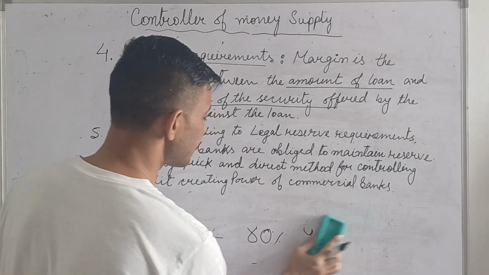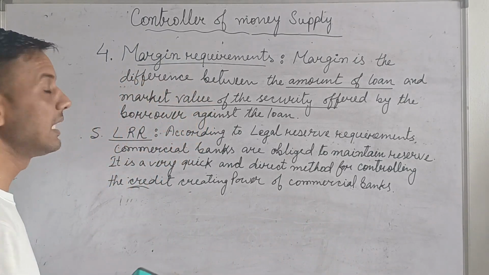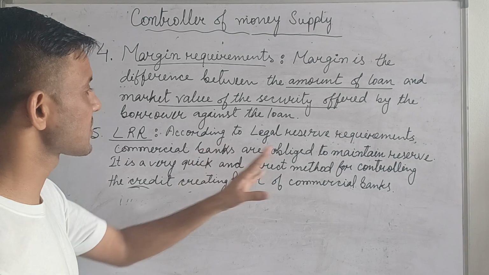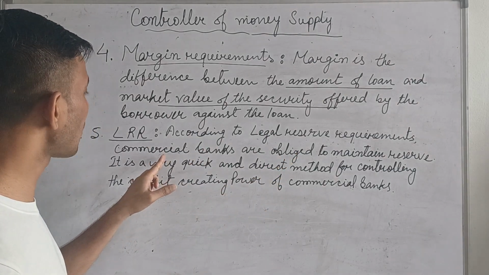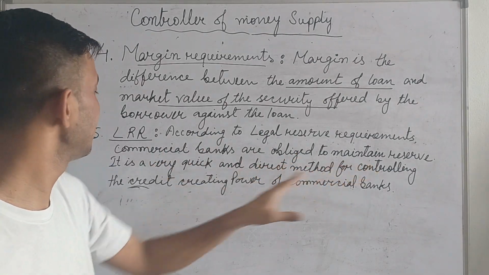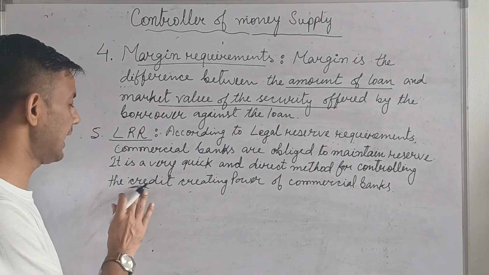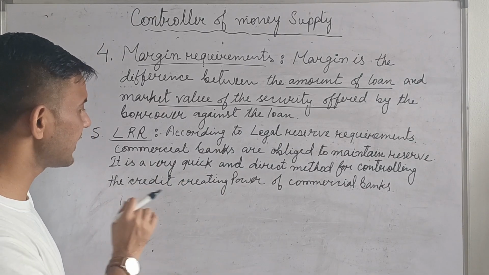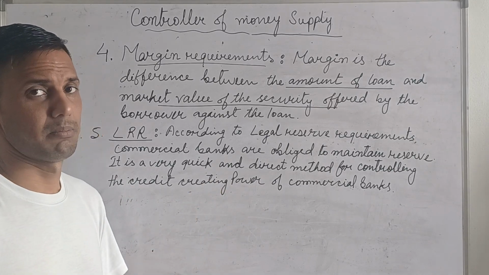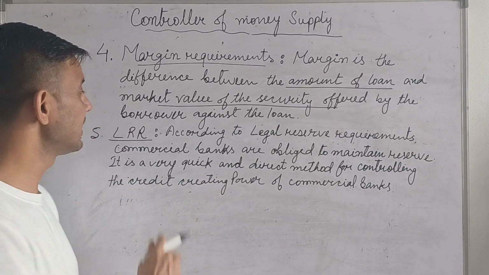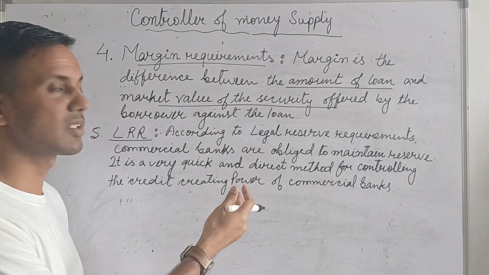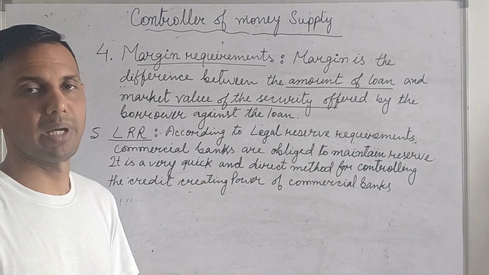Then the other one, which we already discussed, is the legal reserve requirement. Commercial banks are obliged to maintain reserves. It is a very quick and direct method for controlling the credit creating power of commercial banks. This is also ordered by the Reserve Bank of India.